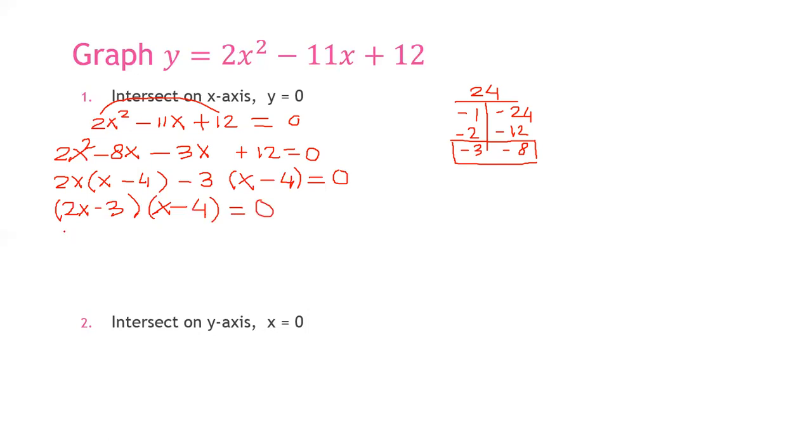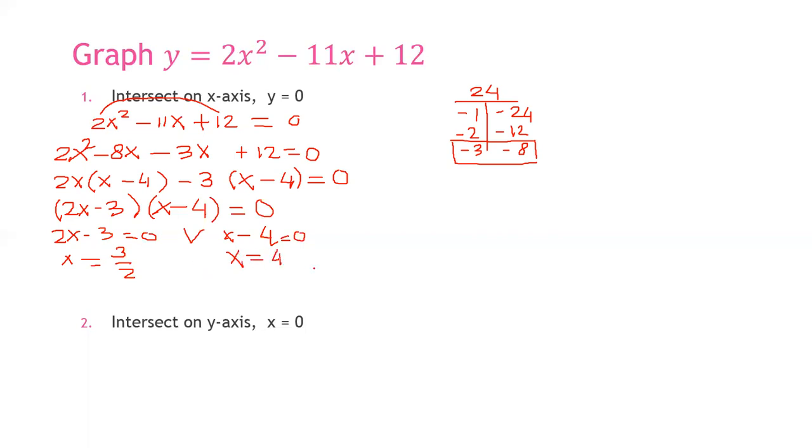And there are two possibilities to find x: 2x minus 3 equals 0, or x minus 4 equals 0. If 2x minus 3 equals 0, it means x equals 3 over 2. And if x minus 4 equals 0, it means x equals 4.